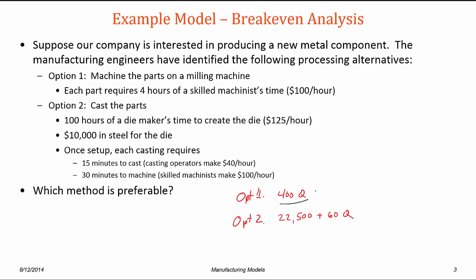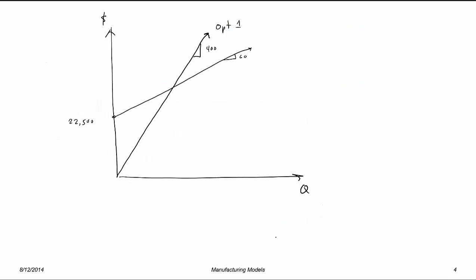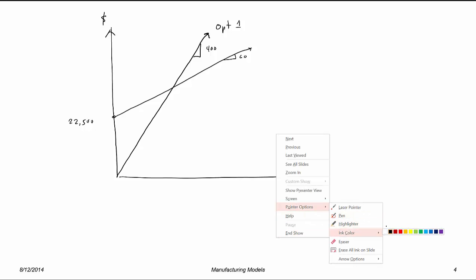So we have a per unit cost of 400Q for option 1. We have a per unit cost of 60Q after we have this initial 22,500. What we want is to look, for any given Q, at which option I choose. Let me make the ink color red again.